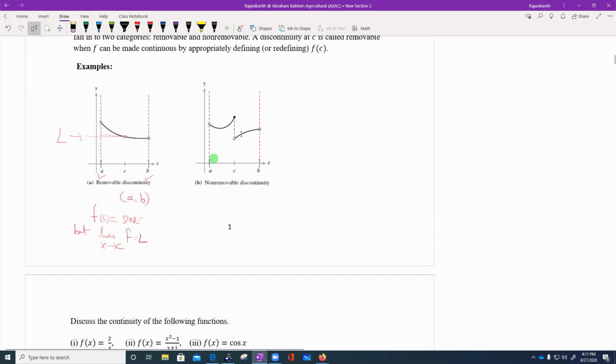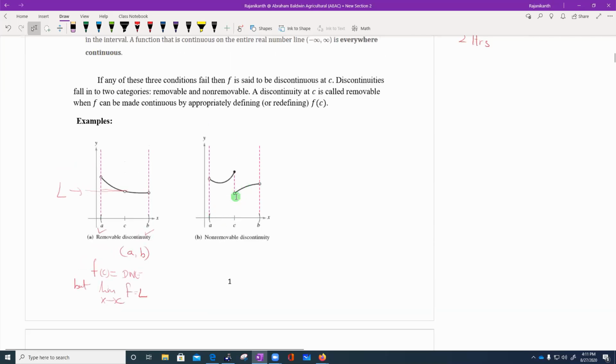Okay, so now look at the second picture. It is of course obvious that the function is not continuous at C. But if you look at the limit value, yes, the limit value is also not there, right? If you had a limit value, you would have got the same answer from both the right and the left. But I'm getting two different y values from the right and from the left.